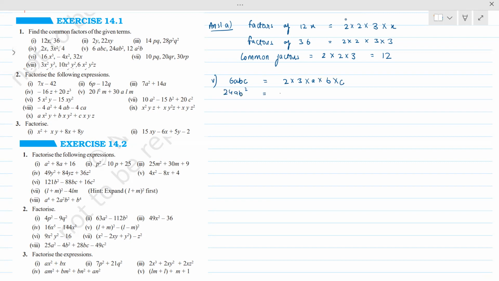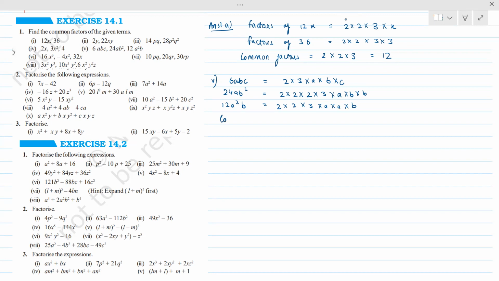Then 24ab square will be 2 into 2 into 2 into 3, which is 24, into a into b into b. And then 12a square b, which is 2 into 2 into 3 into a into a into b.